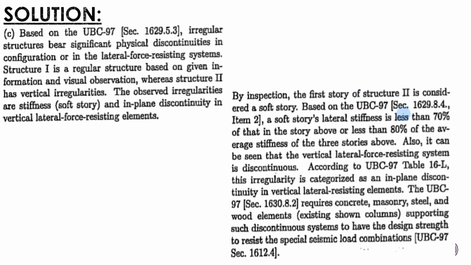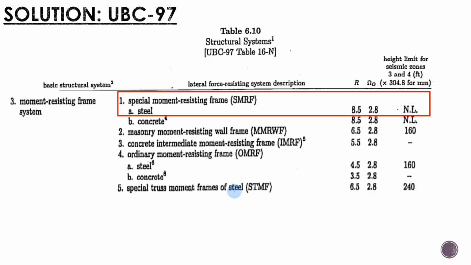So more on physical na guys, mga physical irregularities ang ginatanawan dali. Then structure 2 has vertical irregularity. So the observed irregularities are stiffness or soft story and in-plane discontinuity in vertical lateral force resisting elements, no.